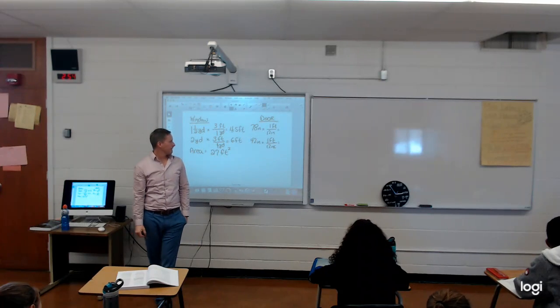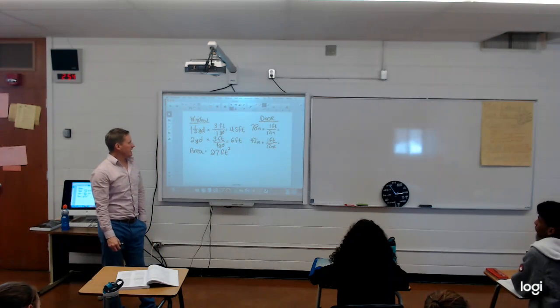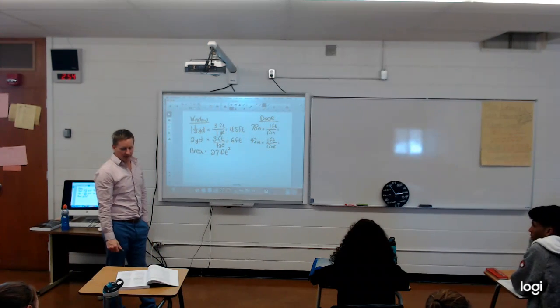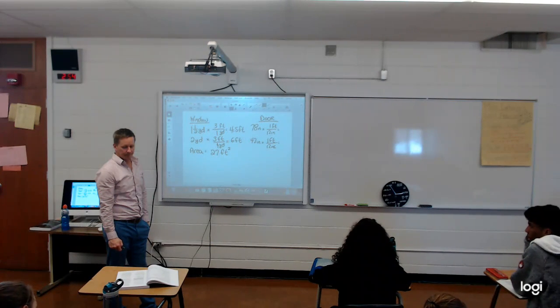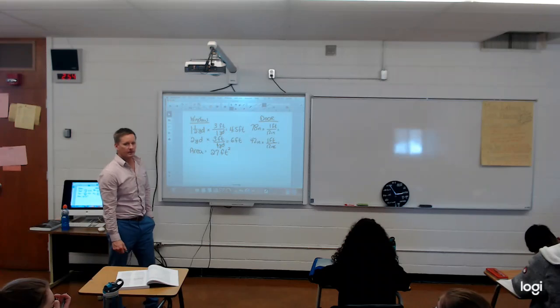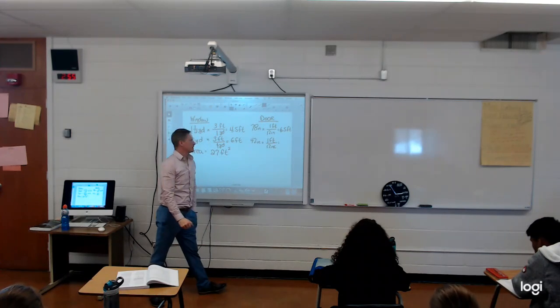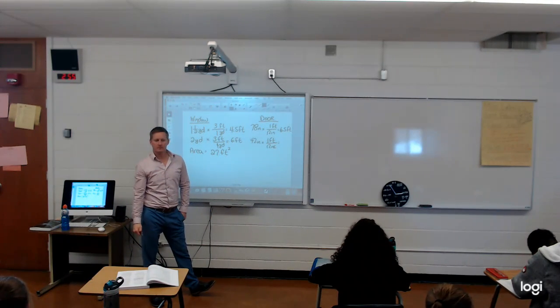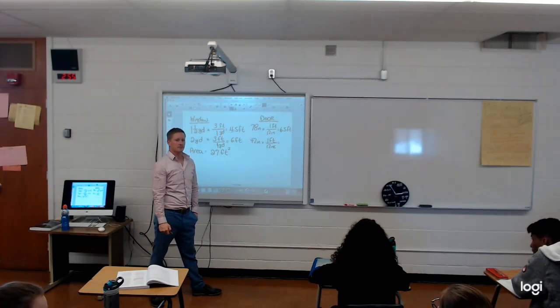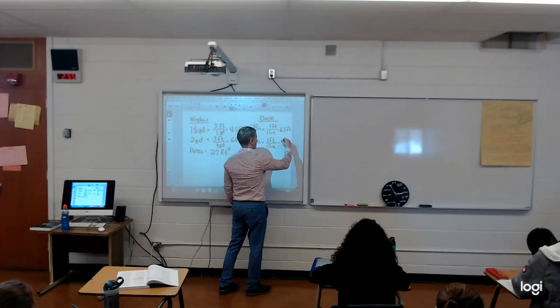Okay? So take 78 and divide it by 12, and what do I get? 6.5. Very good. 6.5 feet. And then I take 42 divided by 12. 3.5 feet. Excellent.